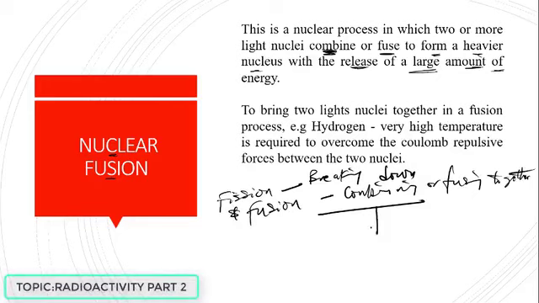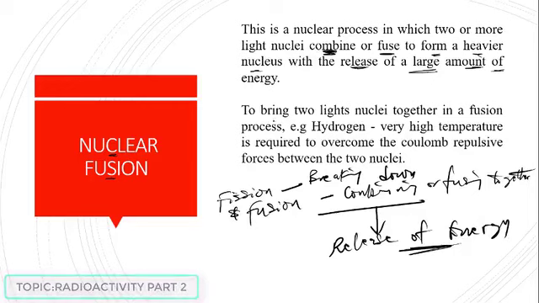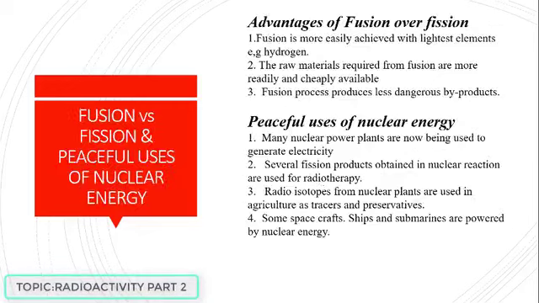Either way, one thing both of them share in common is that there is a release of a huge amount of energy, and that is what makes this process so powerful. For example, if you want to bring two light nuclei together in a fusion process, say hydrogen, you would need a very high temperature to overcome the Coulomb repulsive forces between the two nuclei.